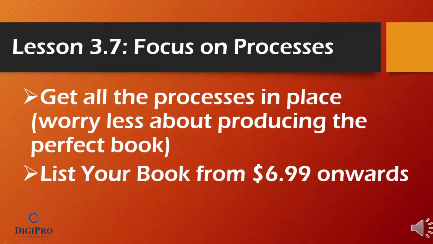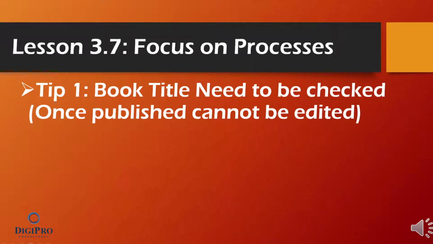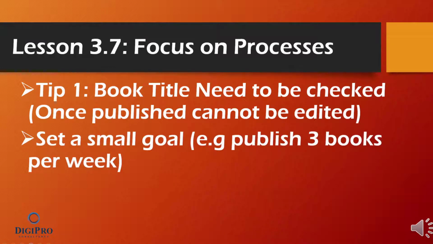So tip number one, when you publish your book, your book title needs to be checked. Later I'll show you the Amazon publishing process on KDP itself. Tip number two, set a small goal. Say for example, you want to publish 3 books per week.